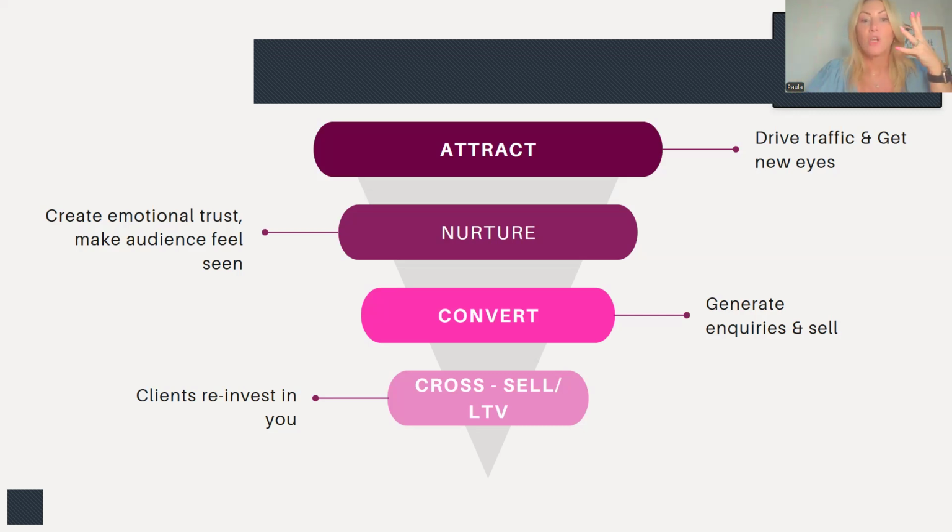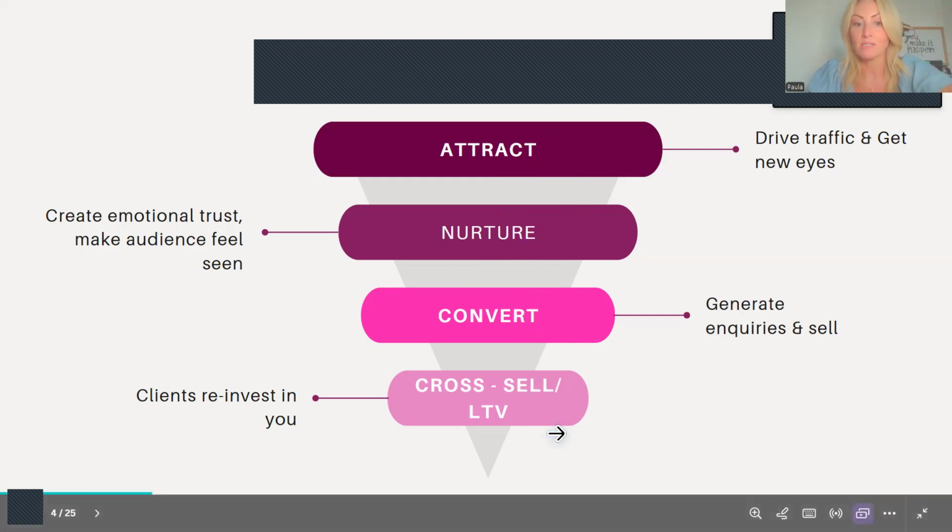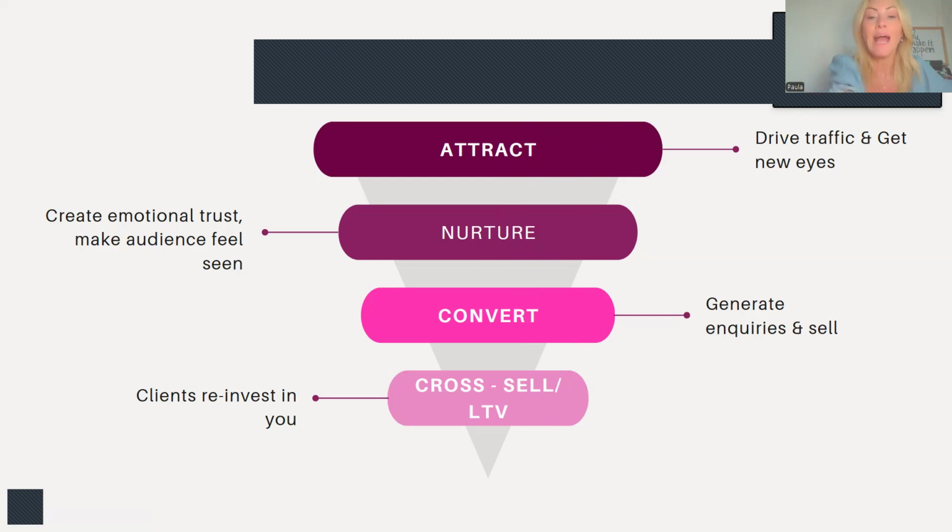So often content gets muddled and confusing because, like I said, we're trying to do too much at once. Okay. So, how it actually works and the purpose of each of these aspects: attract drives traffic to your page and gets new eyes on you, on your work, on what you do.